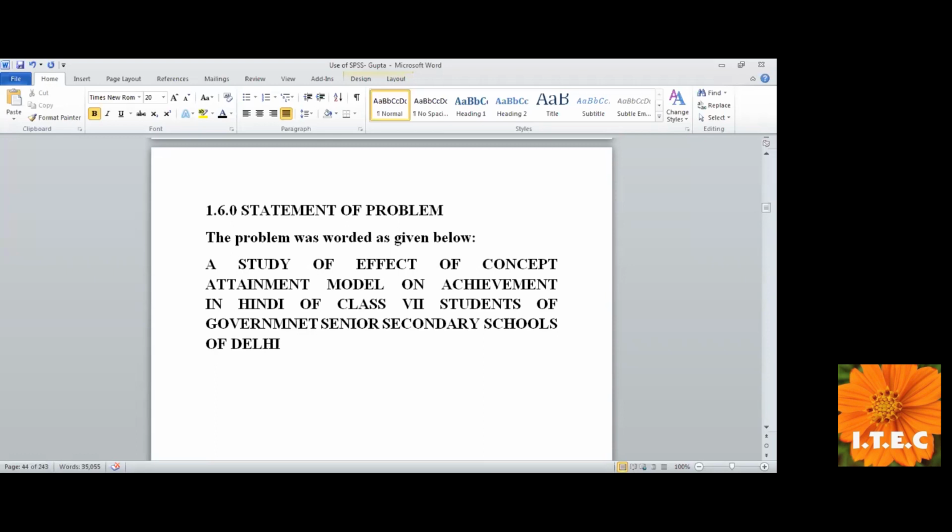So therefore, you cannot write "study", you have to write "a study". And do not put a full stop here. If you want to put inverted commas, well, that's up to you. I call them cosmetic. If you want, you can do it.